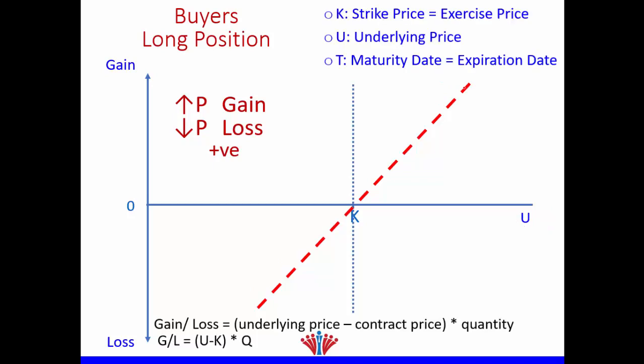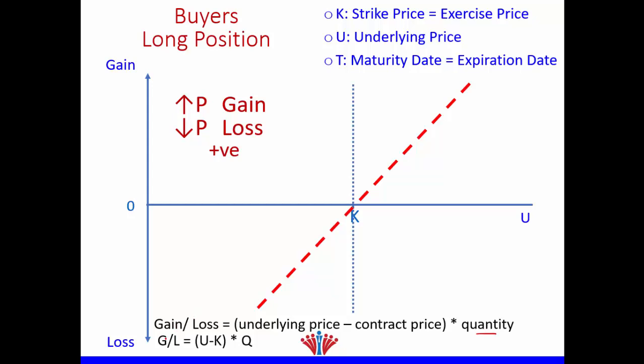What will be our formula for a gain or loss? Our underlying price, which refers to the future price in the market, minus the contract price, which we can also call the exercise price or strike price. This is the price we agreed upon in the contract. This will give you the gain or loss per unit. If I would like to calculate the total gain or loss, I need to multiply it by the quantity.